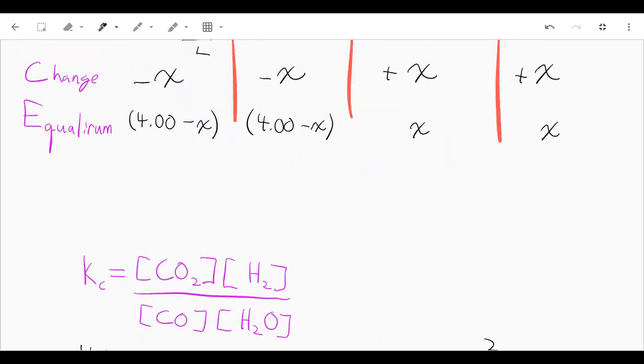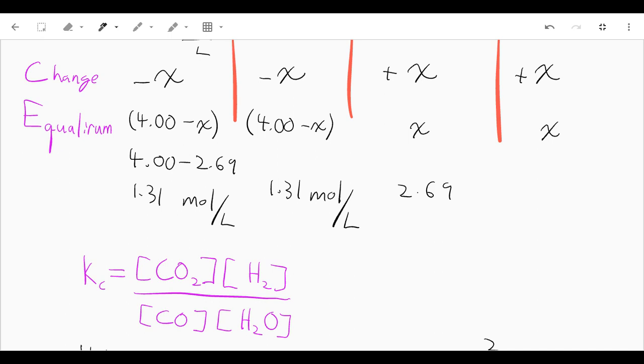So for both of these, it will be equal to 4 minus 2.69. That is going to give us a value of 1.31. And of course, x is just going to be 2.69.